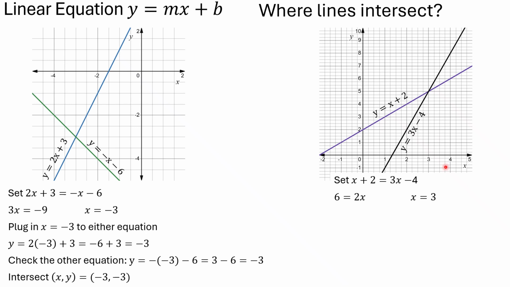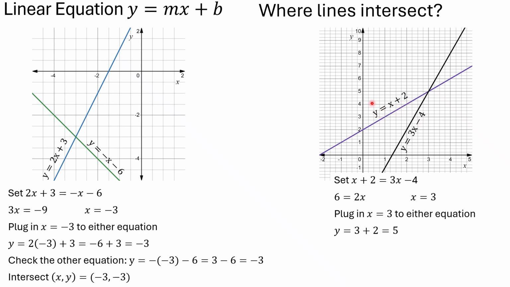So looking at the graph right here, we see at x equals 3, I do have an intersect. And again, just like we did on the previous problem, we're going to plug in x equals 3 to see what y would be for either of these equations. So you plug in x equals 3, let's see what I do for this one. 3 plus 2 is 5.